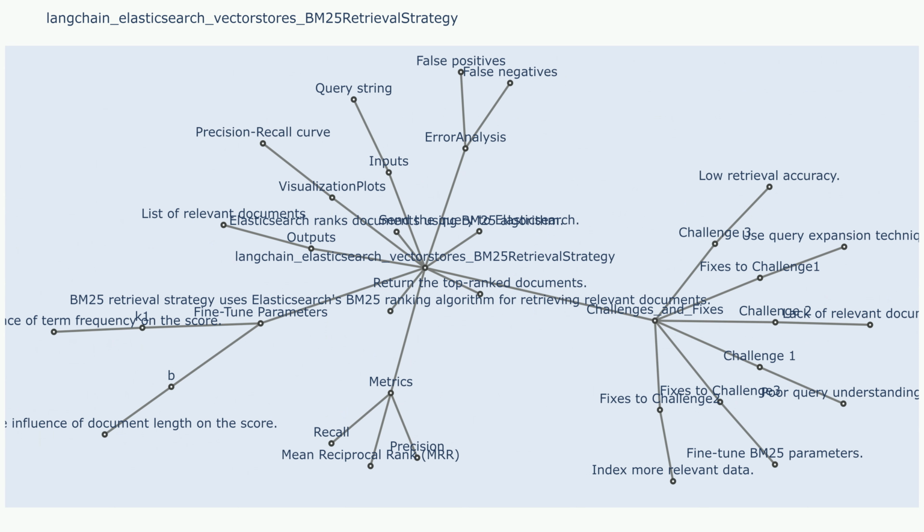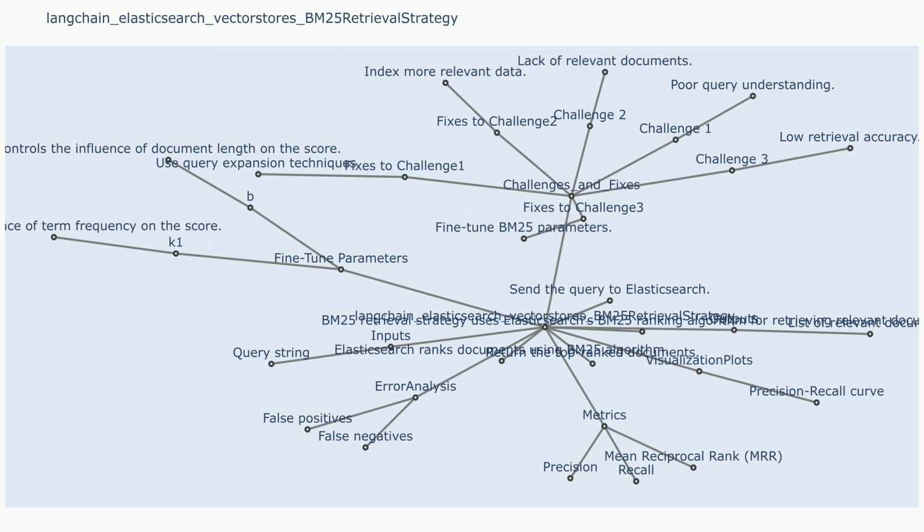This output provides a ranked list of potential matches for the given query. Scores: the BM25 scores associated with each retrieved document, indicating their relevance to the query. This output provides a numerical measure of the relevance of each document.